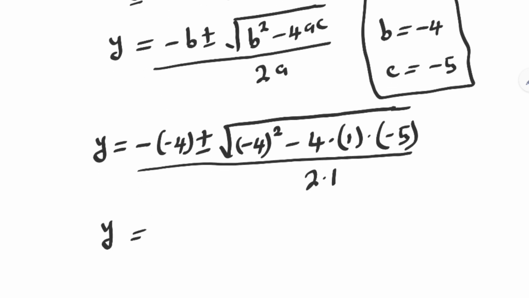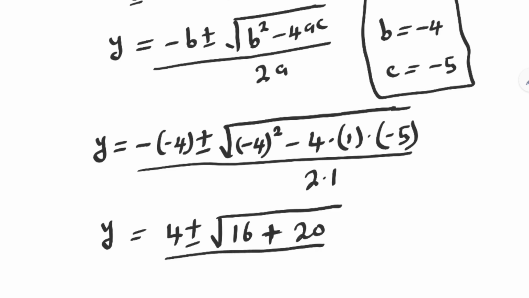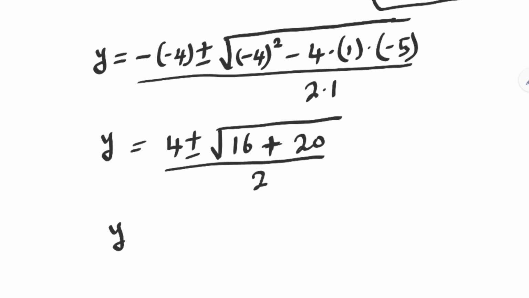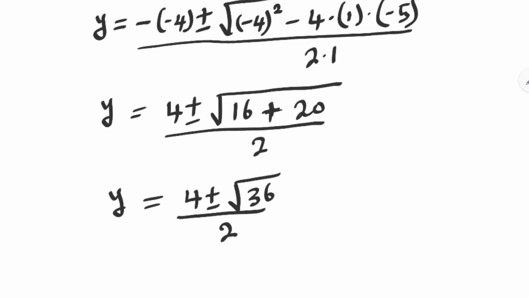y is equal to minus times minus 4, this is 4, plus or minus square root of minus 4 square, that is 16. Then minus 4 multiplied by 1 multiplied by minus 5, that will be plus 20, over 2 multiplied by 1, that is 2. y is equal to 4 plus or minus square root of 16 plus 20, 36, over 2 multiplied by 1, 2.